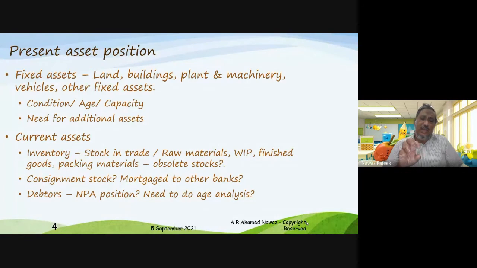Because stocks are a movable asset, there is no register or legal means to check the title of the stocks, to whom they belong. So the customer may do certain manipulation, connivance, mortgaging to 2-3 banks. We came across these cases.